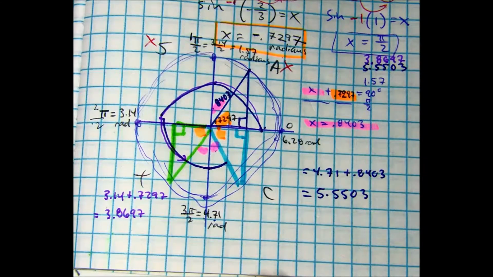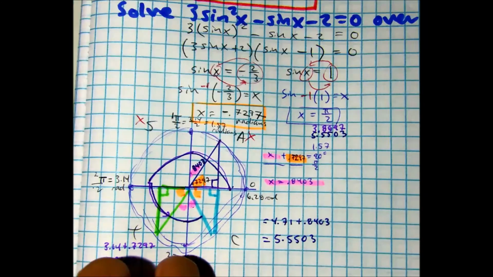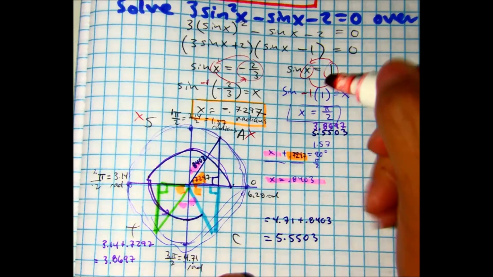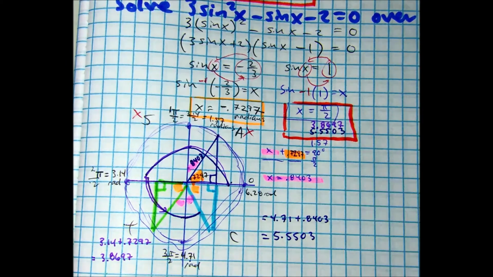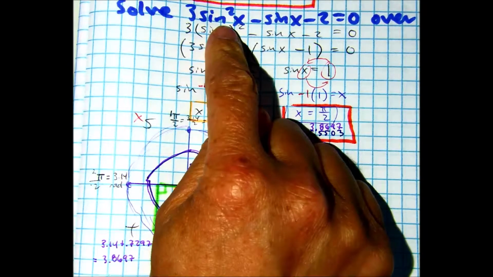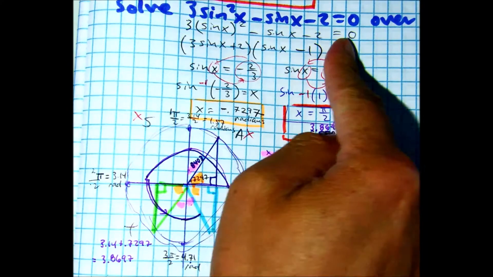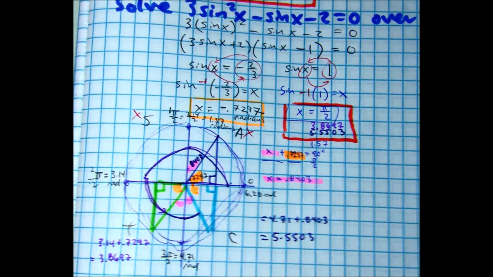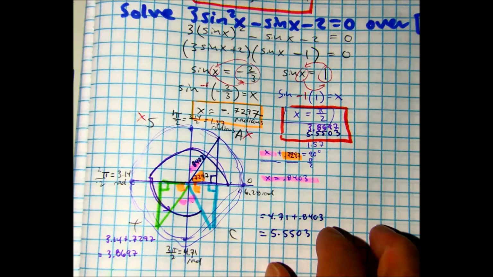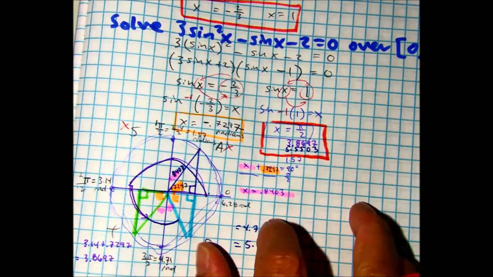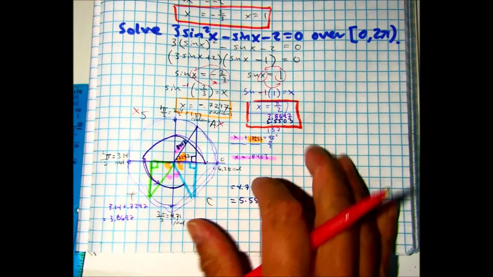What does that mean? That means if you picked any of these three x values and you put it back into this equation, it'll equal 0. What would have made our lives a lot easier is if they changed the interval to be degrees. And they just gave us radians. So that's what was new about all the decimals there.